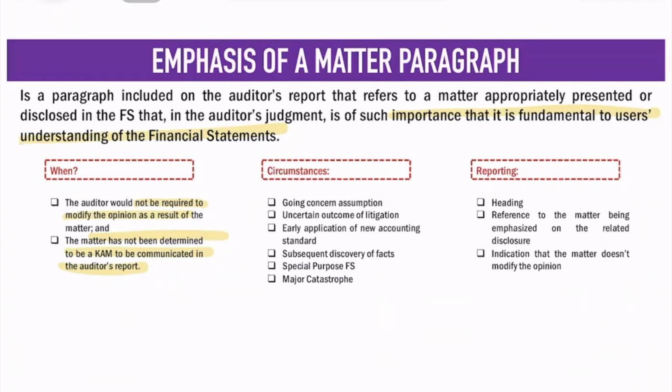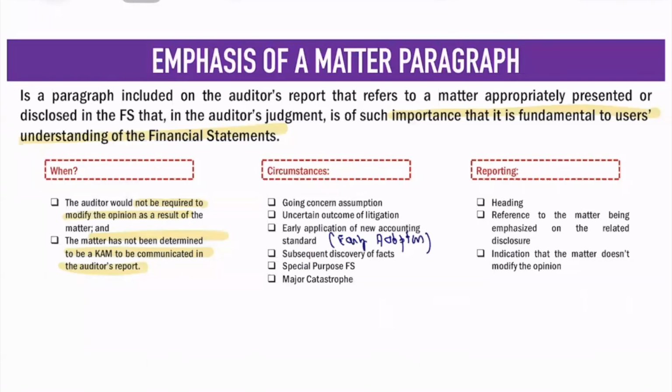Also in your litigation, we said if there is an uncertain outcome before, you can place an emphasis of a matter. If you will apply an accounting standard that is not yet considered applicable, meaning you have an early adoption of standard, then you can place there an emphasis of a matter.